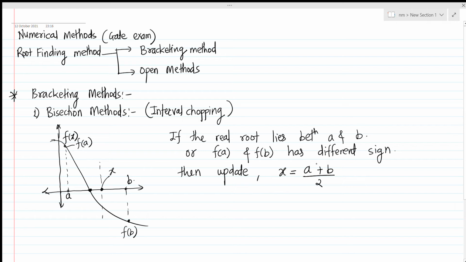After that, the next step is, suppose this is x1. If f of x1 and f of a have different signs, and it happens in this case, we assign b equal to x1.